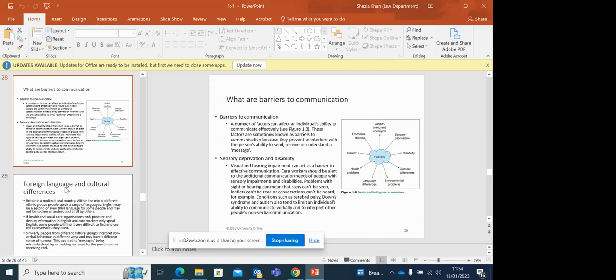Problems with sight or hearing can mean that signs can't be seen, leaflets can't be read, or conversations can't be heard. For example, conditions such as cerebral palsy, Down syndrome, and autism also tend to limit individuals' ability to communicate verbally and to interpret other people's non-verbal communication.